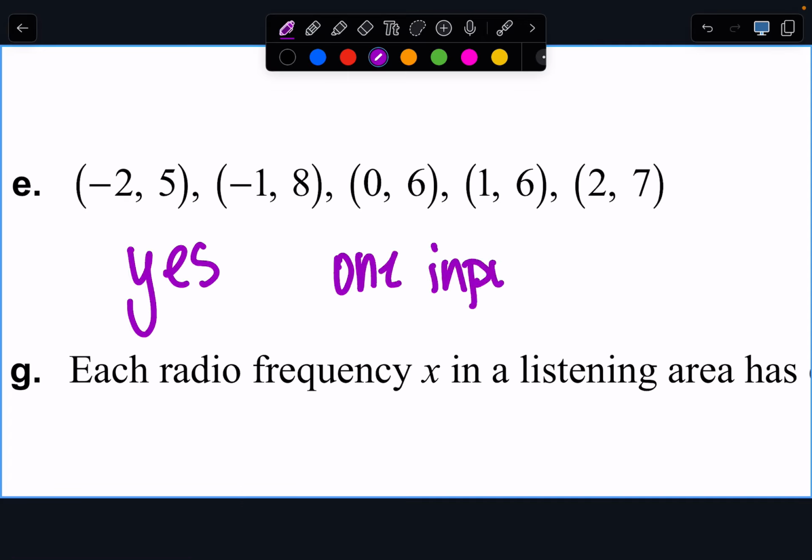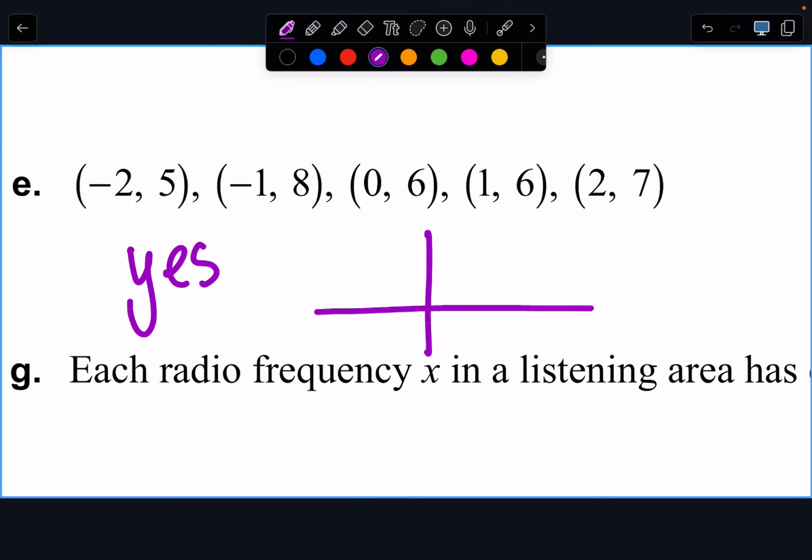Wait, what'd you say? It doesn't count, so it's right? Correct, it's not a function because it fails to be. Which x has more than 1 y? But it fails the vertical test. How? Because there's 2 6s for the y. Okay, if I plot this, -2, 5, -1, 8, 0, 6, 1, 6, 2, 7.